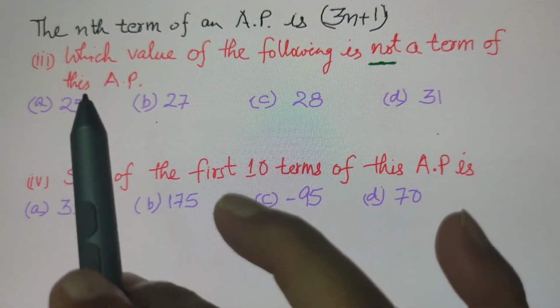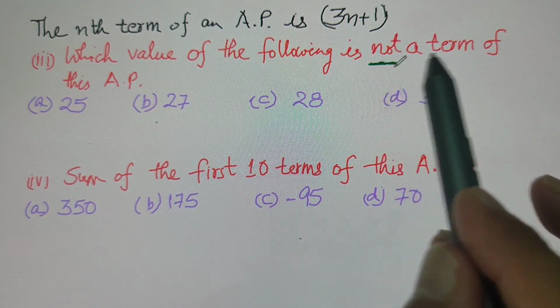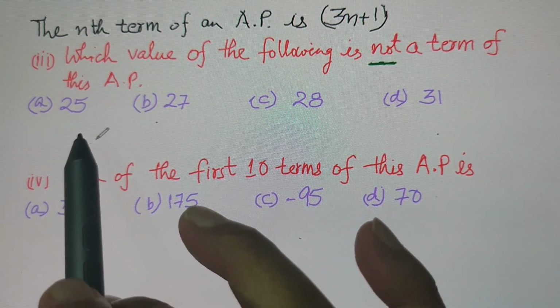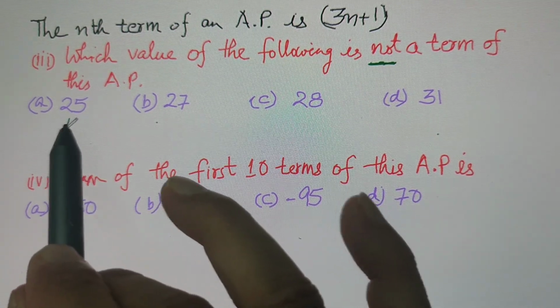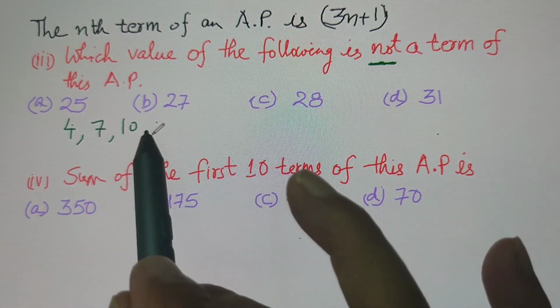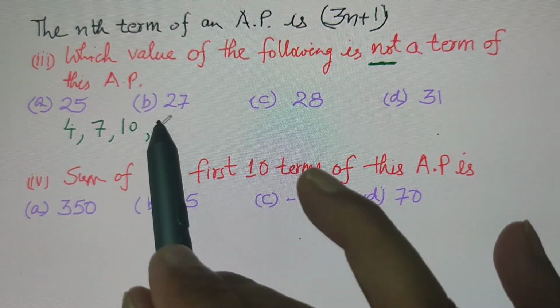Here, the third part of the question is which of the following values is not a term of the given AP? Now, what were the first three terms of the AP? It was 4, 7 and 10. Now we can clearly see that there is a gap of 3 between them, and what is going to be the next value?